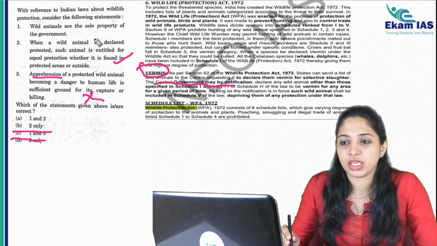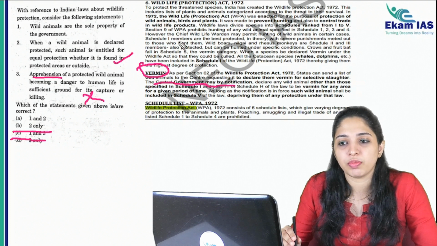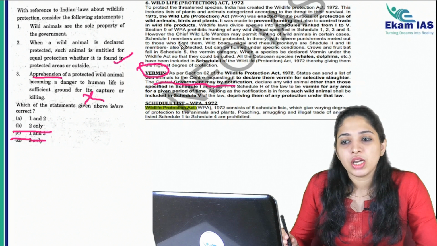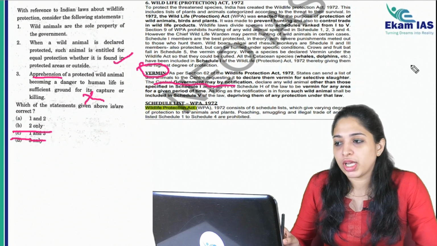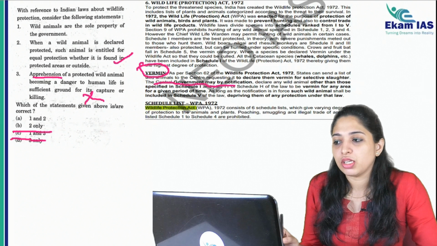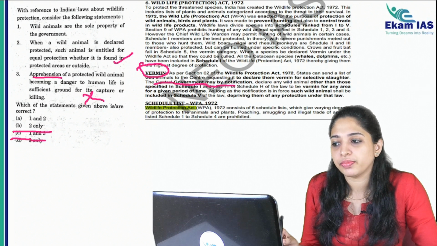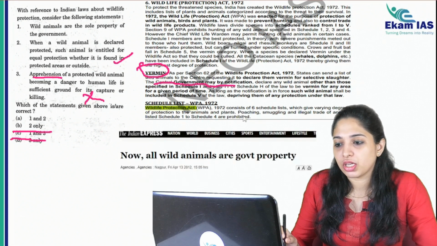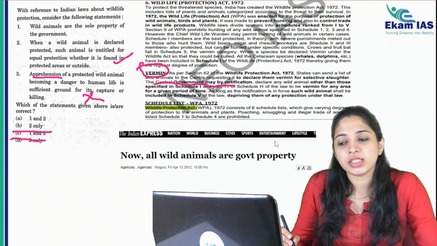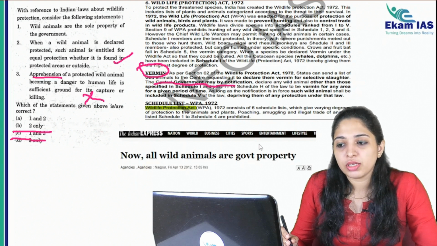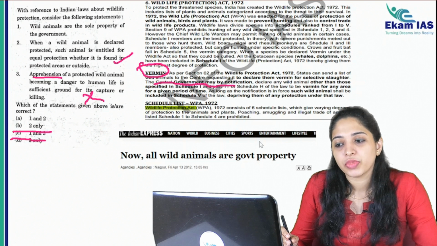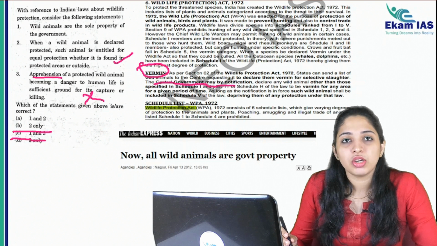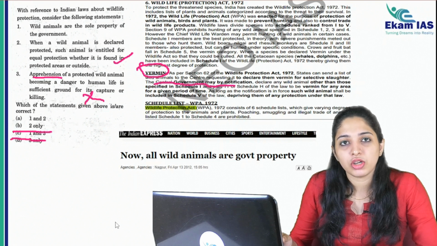Then, first statement, wild animals are the sole property of the government. In 2012, there was a judgment by the Bombay High Court that all wild animals belong to the government. Now all wild animals are government property. What it meant is that for any casualties or any danger caused by wild animals, the government is supposed to give people compensation.